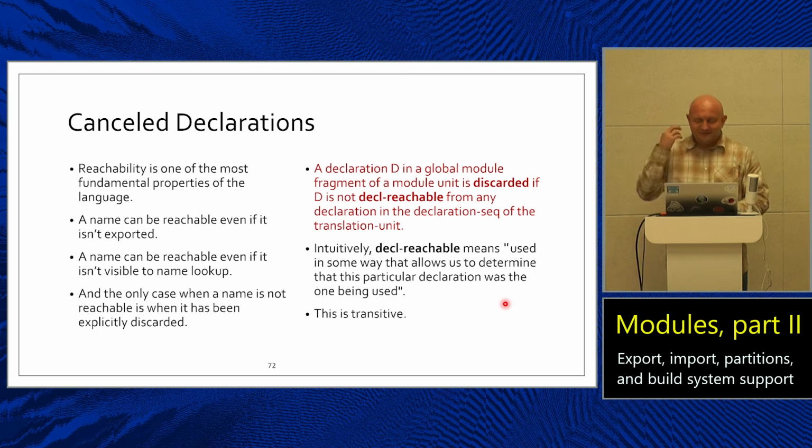Okay, that's it. If the compiler can just tell, yes, this exact declaration was referenced here before any chain of instantiations, argument-dependent lookups, and so on and so forth, then it's decl-reachable. If not, it gets discarded.